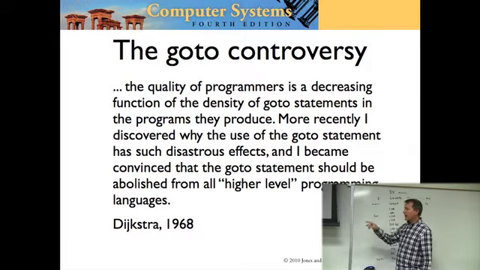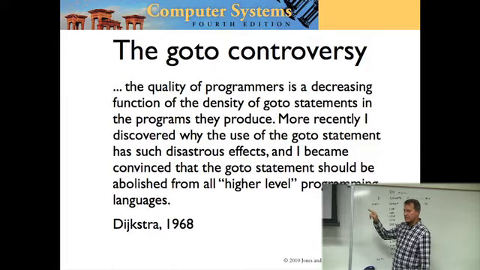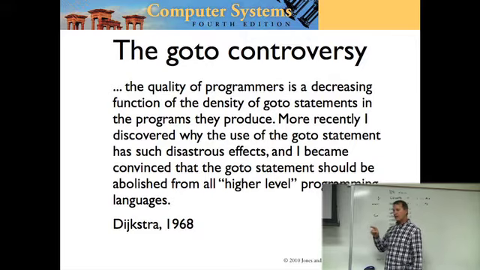But anyway, Dijkstra wrote a paper. It was published in 1968 in the Communications of the ACM. It's a famous classic letter, and it's easy to look up. It set off a huge controversy, and people said, no, you can't, yes, you should, no, you shouldn't. And what was the big argument over?